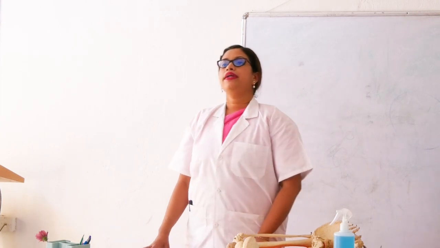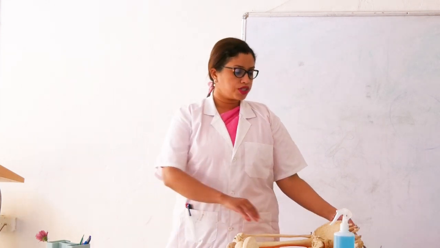The medial head of gastrocnemius will take origin from... You have already done the dissection. What is the origin of the medial head of gastrocnemius? It would be originated from where?